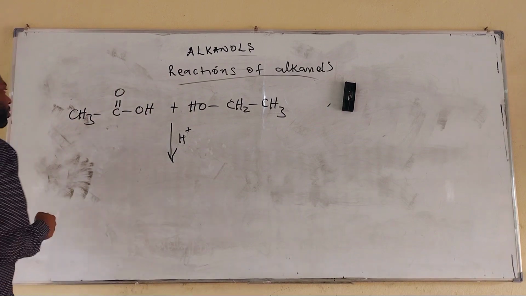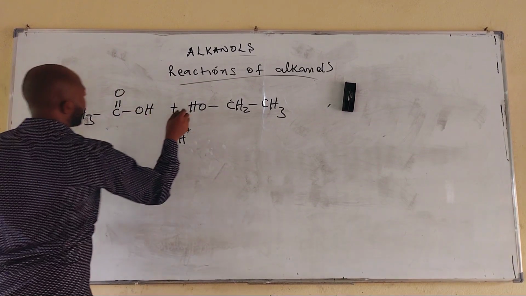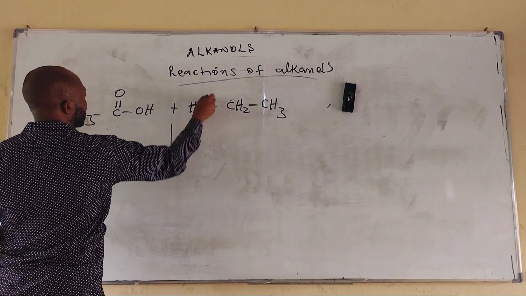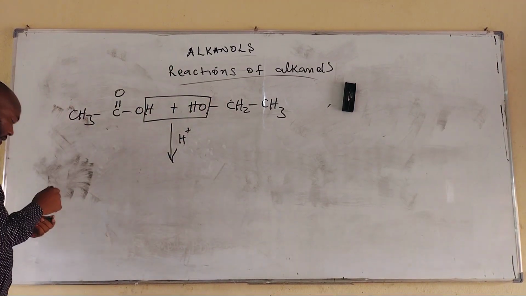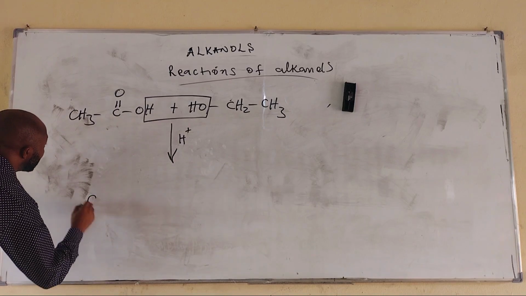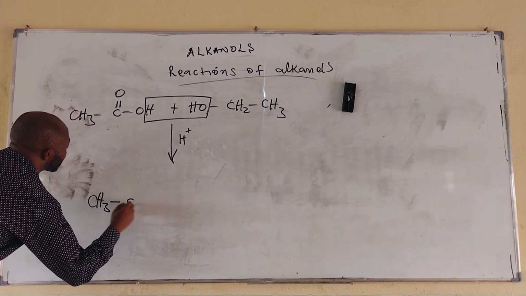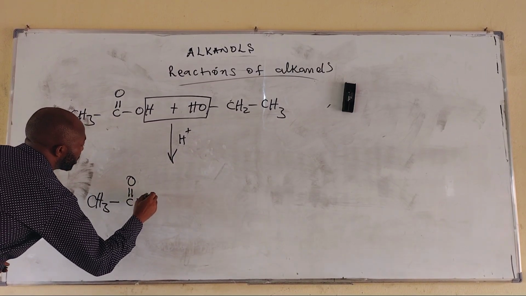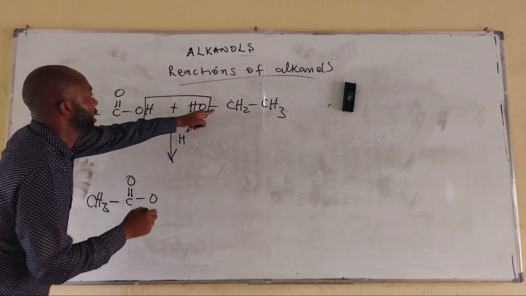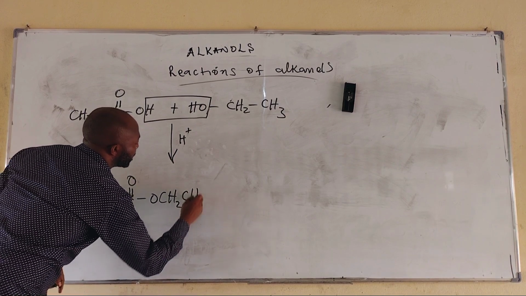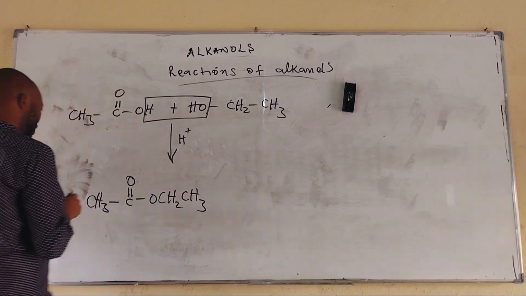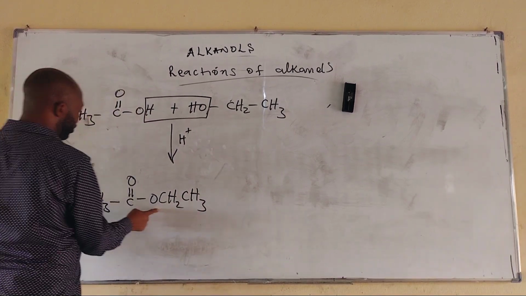Now, what happened? In this reaction, this will go to give out a molecule of water, and what is left is CH3 C double bond O, this is the O left. Then I continue with the CH2 CH3. This is ethyl ethanoate.